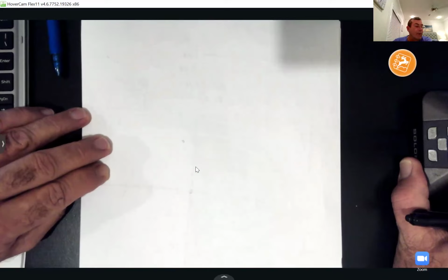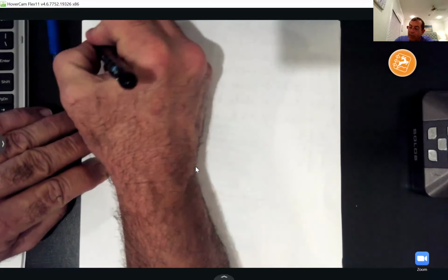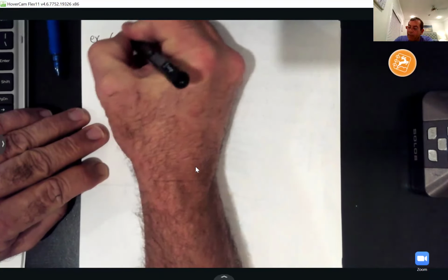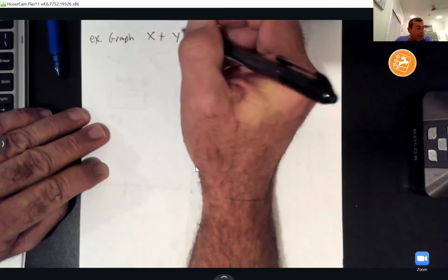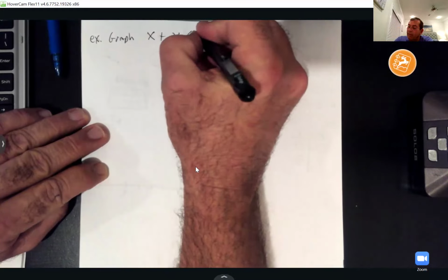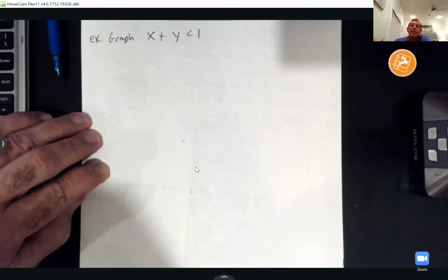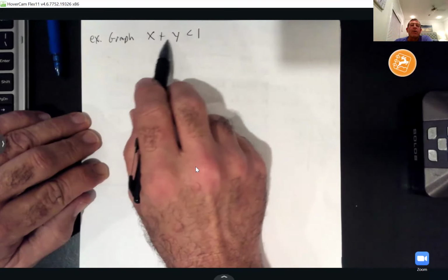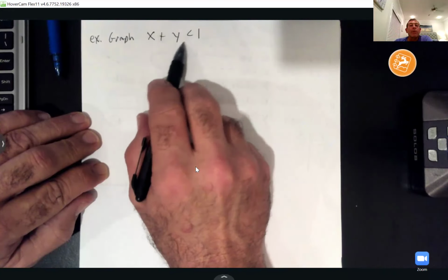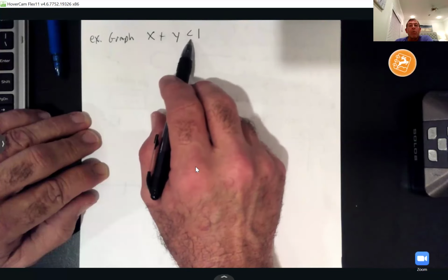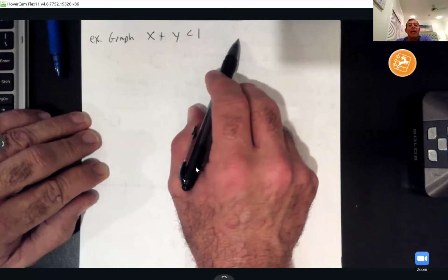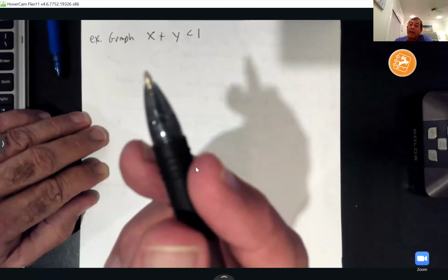All right, y'all. So here we go. So this example, graph x plus y less than 1. So this one, I'm going to solve it for the y. Remember, we want the y or inequality and then everything else on the other side, especially if you're going to put it on the calculator.